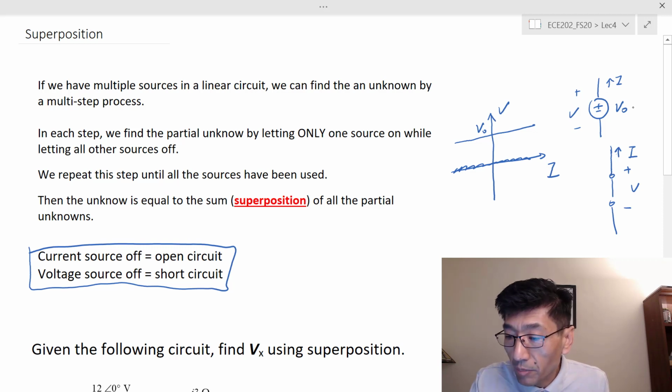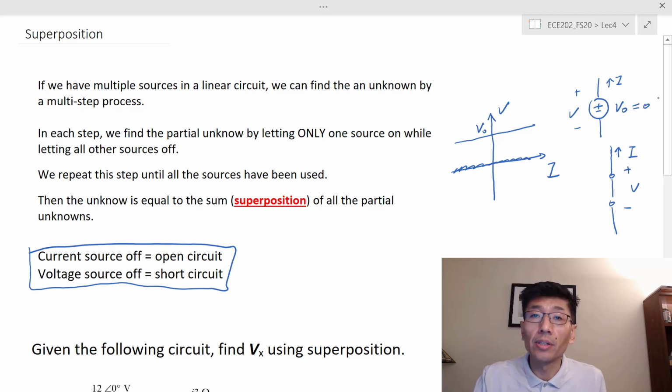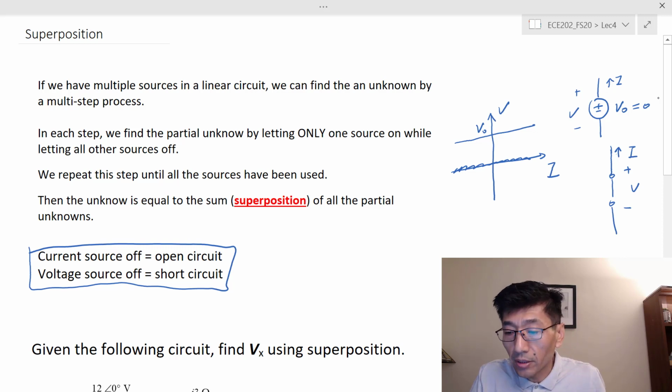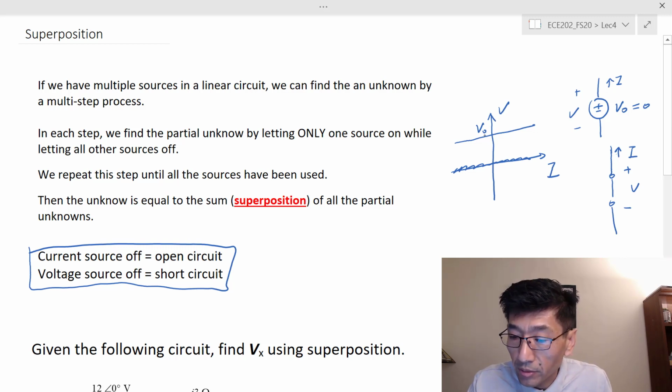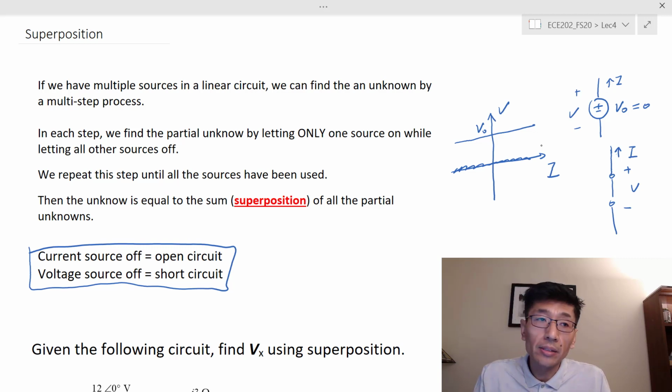That's the same as if the voltage source V0 is 0; you get the same line. That's the reason the voltage source becomes a short circuit. In some sense, the short circuit is a special case of a voltage source, the case where the voltage is 0.